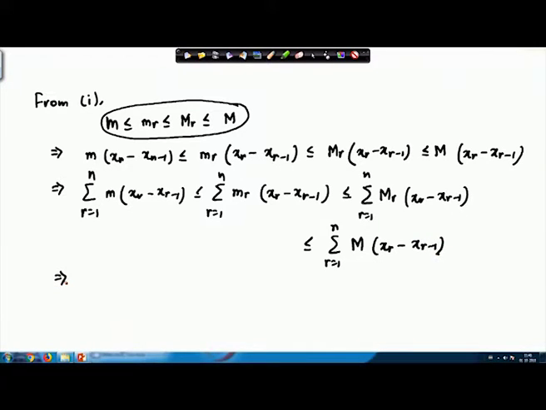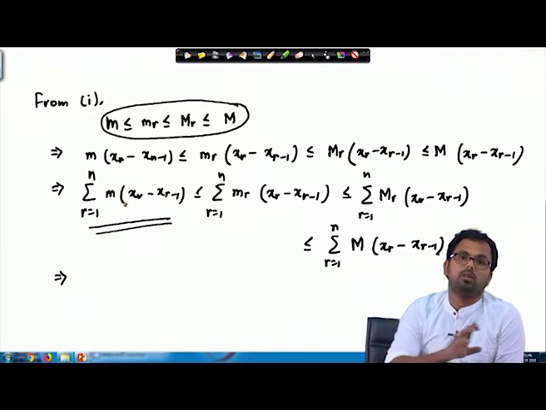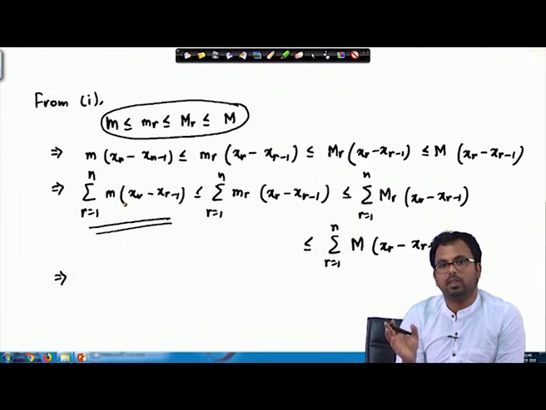Here in this sum on the left hand side, small m is independent of r, because small m is the lower bound on the whole interval [a, b], so it is not relevant to each of those subintervals.